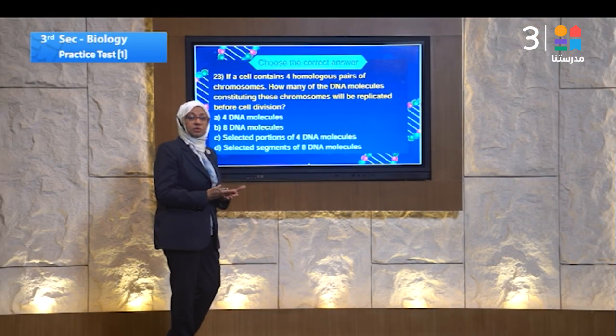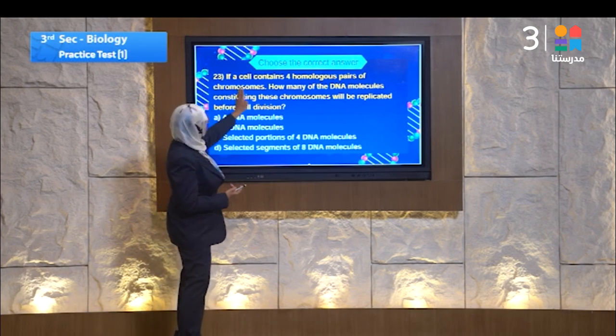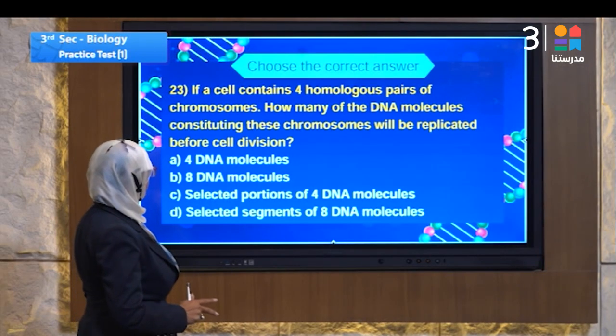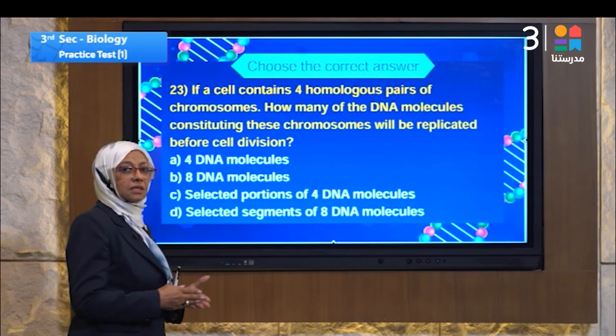Each chromosome consists of a double helix of DNA. 4 chromosomes means 8 DNA molecules which duplicate. Let's read the choices.